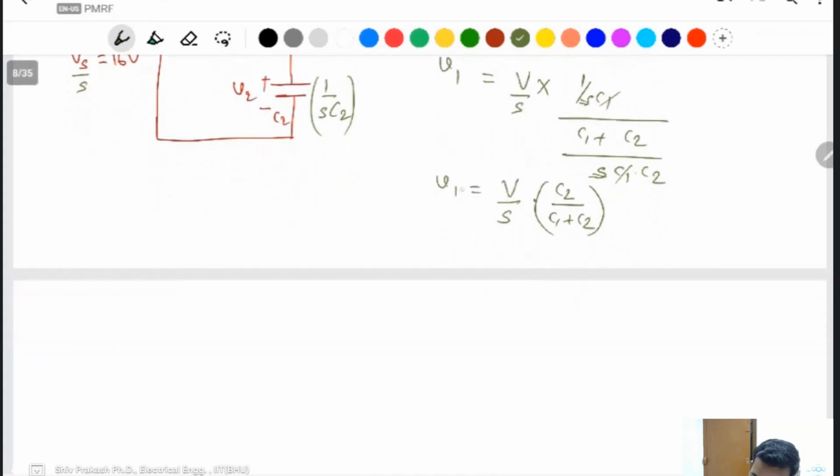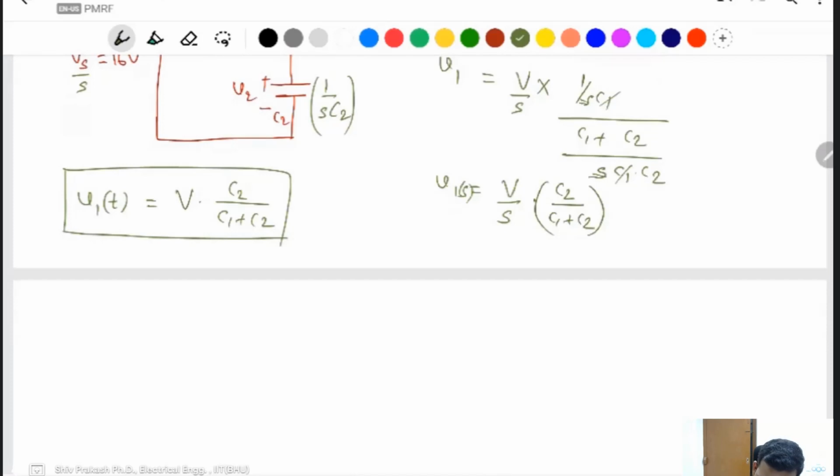This is in the frequency or Laplace domain. Then the time domain is V into C2 divided by C1 plus C2. The same thing we apply for V2. Then V2 is V into C1 divided by C1 plus C2.